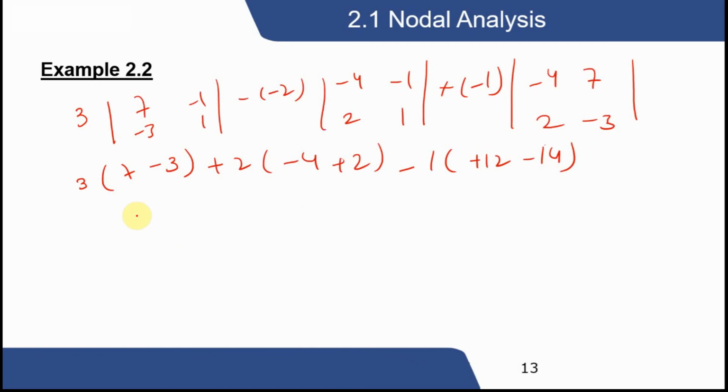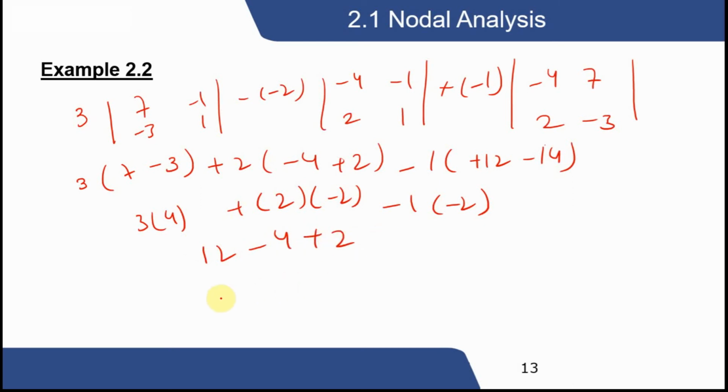Then we can say 3 times 4 plus 2 into minus 2 minus 1 into minus 2, so we have 12 minus 4 plus 2, which equals 10. So this is the determinant, delta.